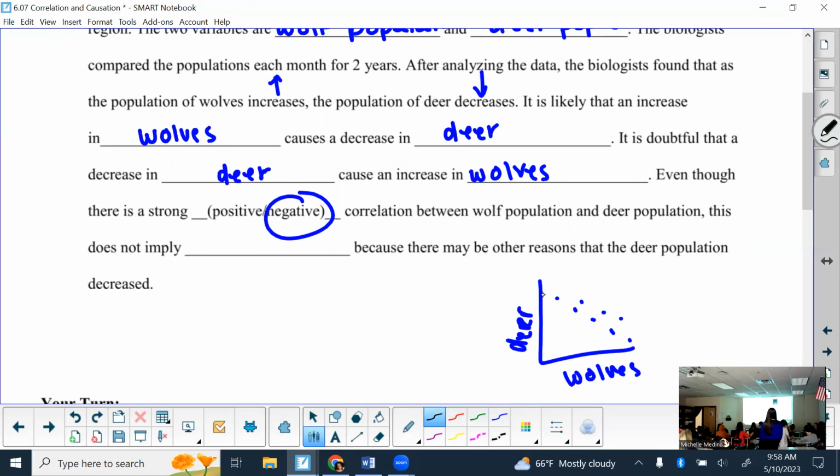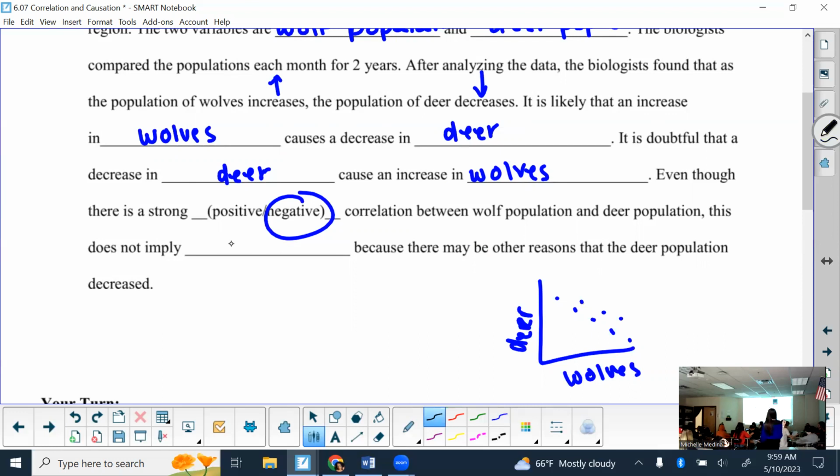So let me ask you, is there a correlation between the two? Yeah, we just said there's a strong negative correlation. Is there causation? Well, are there other reasons that the deer population might have decreased? Like what?